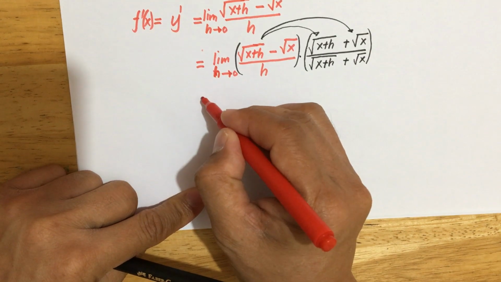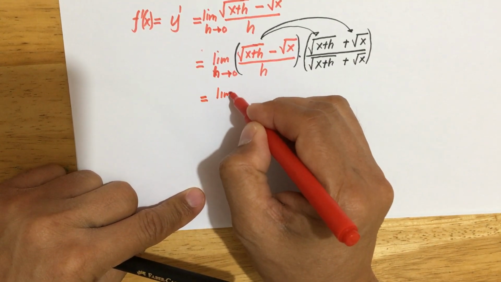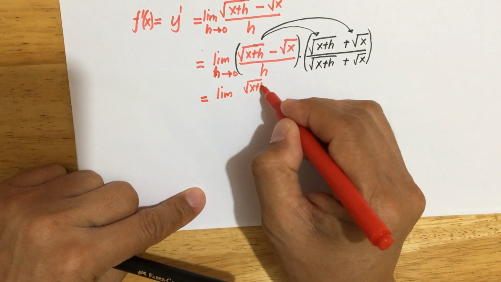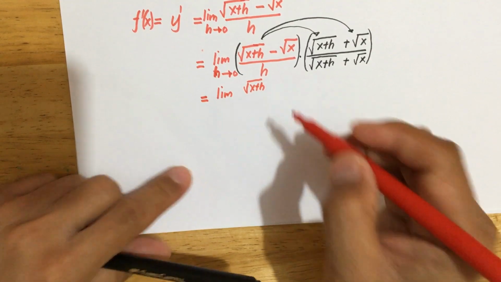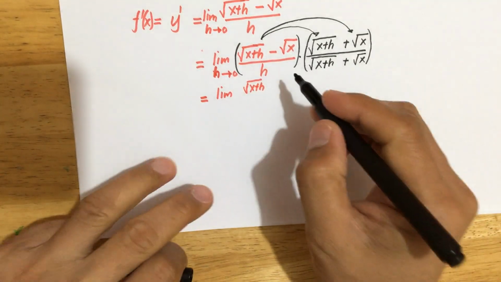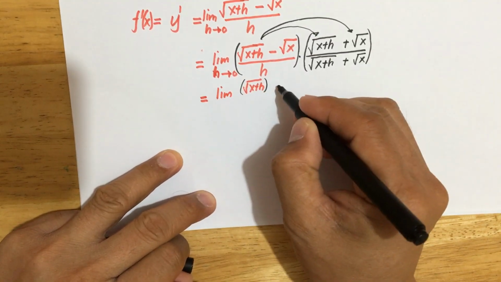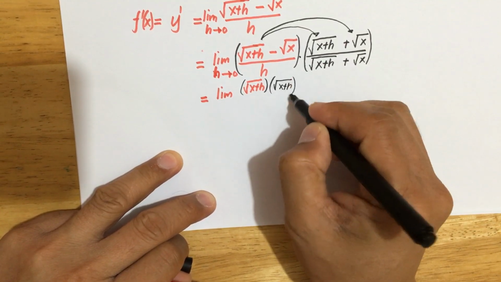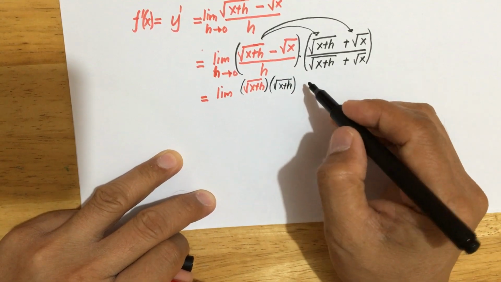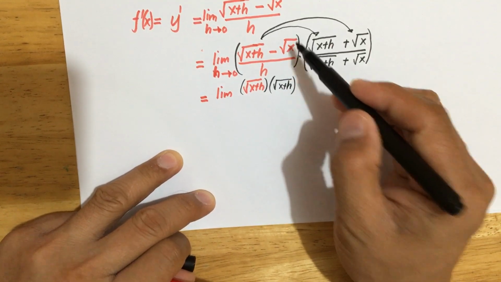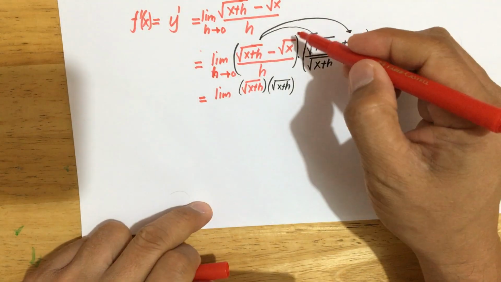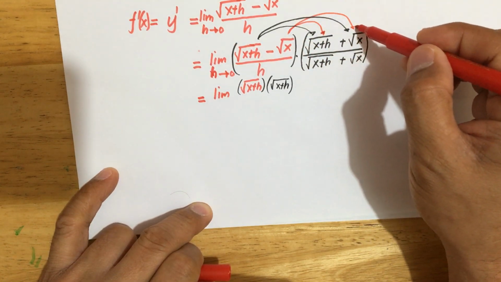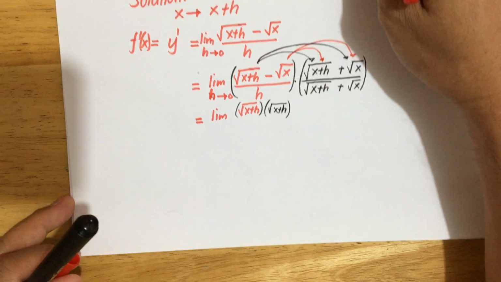Therefore we have the limit of, when you multiply this with this, square root of x plus h multiplied by, just put this inside the parenthesis, square root of x plus h, then you multiply also the second term with its term.